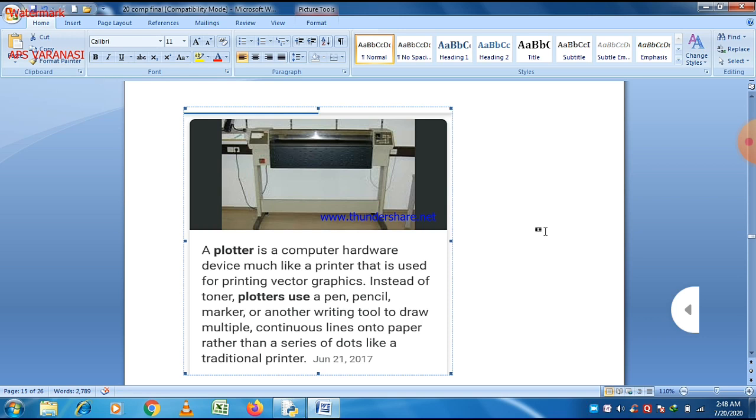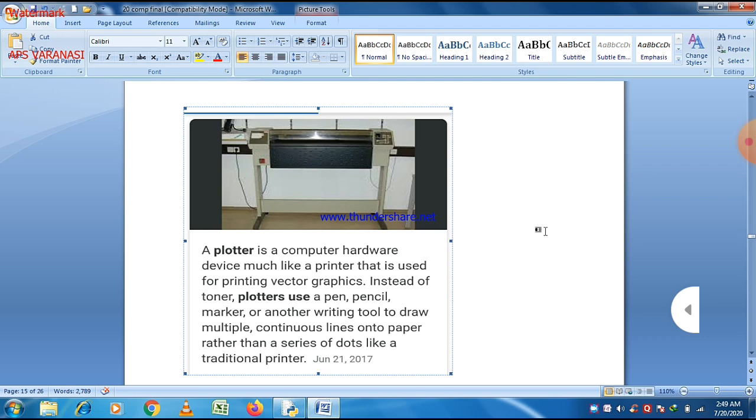In a single line we can say that a plotter gives us a high quality of output, it produces vector graphics, and it produces output using different types of pens, pencils, markers, or other writing tools. So smooth printing is there, and for this reason it is highly used for computer aided designing and some kinds of architectural work.